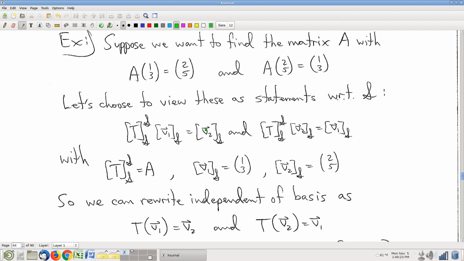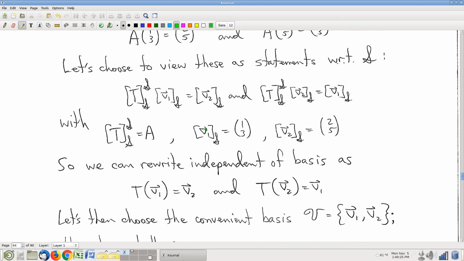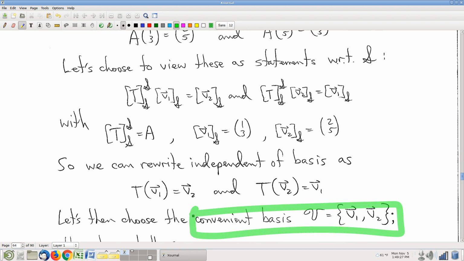Right. Okay, so what do I mean by saying that this is a convenient basis? Well, keep in mind, if I want to write a matrix representing a linear transformation, I need to know what T of a basis is. I've got to pick some basis for the domain, and I'm going to need to know T of those input domain basis vectors.